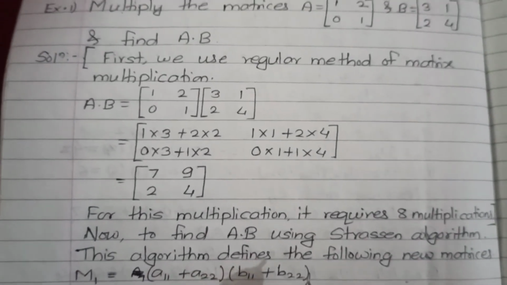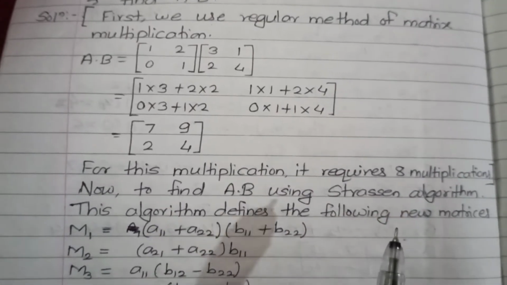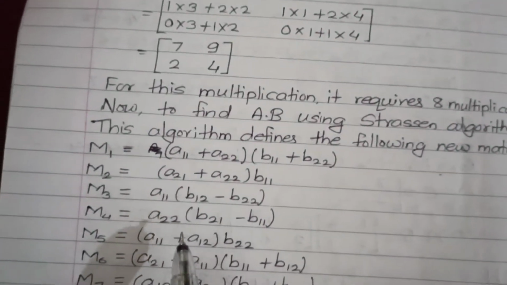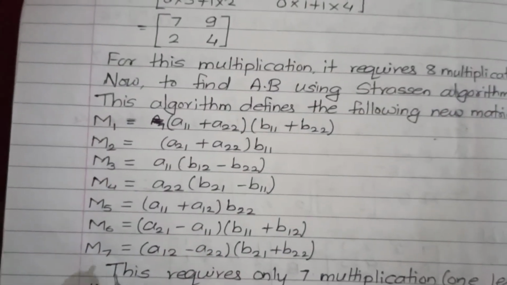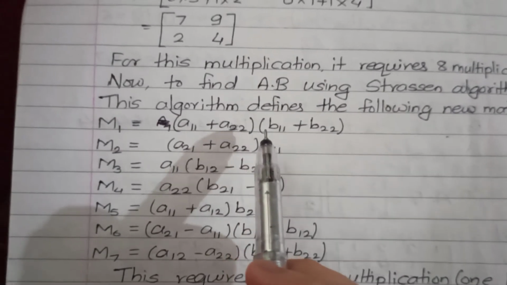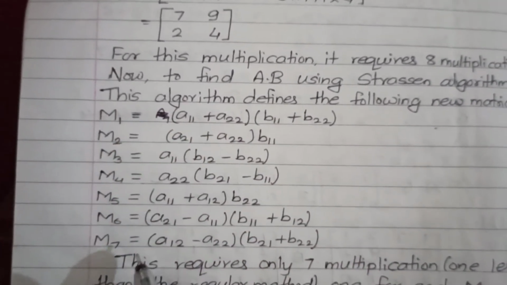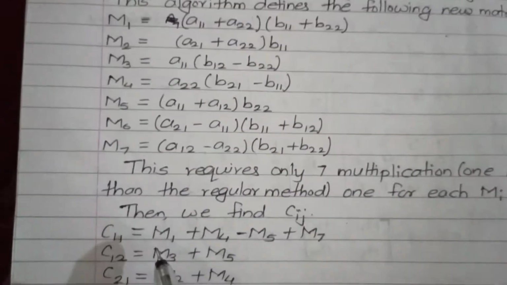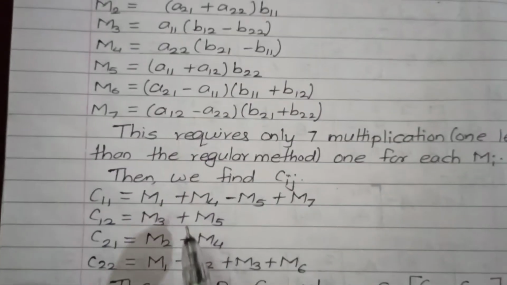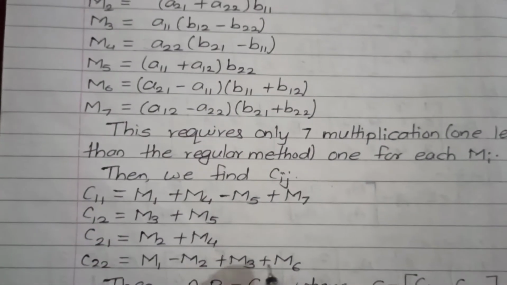Now we'll see some other method, namely it is called Strassen's algorithm. And Strassen's algorithm defines these 7 matrices M1 to M7, and you can see in each Mi there is only one multiplication required. After computing these Mi's, we'll find the matrices Cij by using these formulae, and in computing Cij there is no multiplication required.